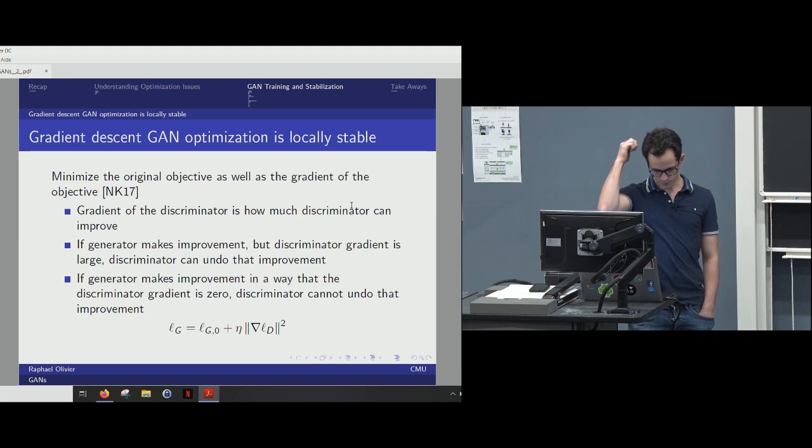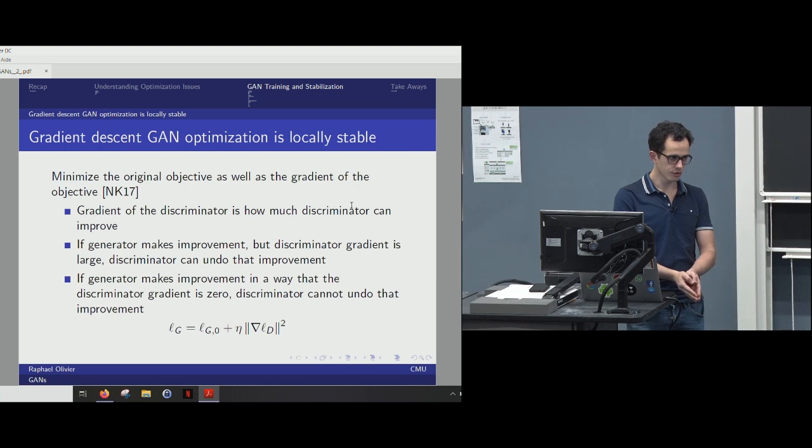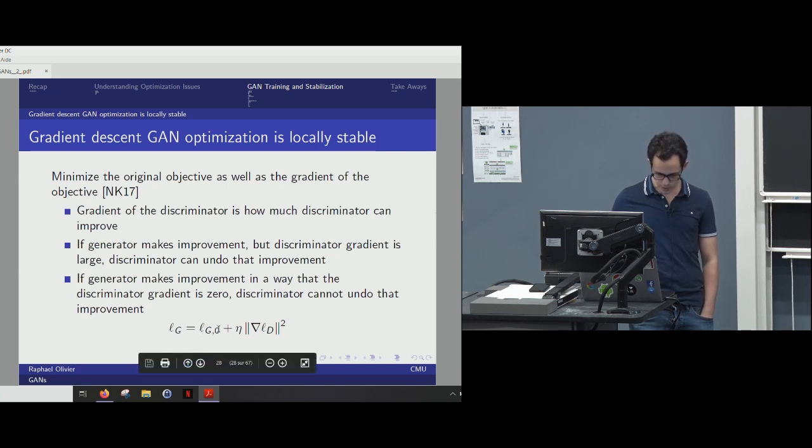So what I want when I update my generator is to do it with a strategy where the discriminator is not going to know what to do, or in other words, where the discriminator's gradients are small. In practice, that means you add a regularization term to your loss, where it's not only the generator loss, but also when you update the generator, you constrain with an L2 term the gradients of the discriminator you would get to be small.